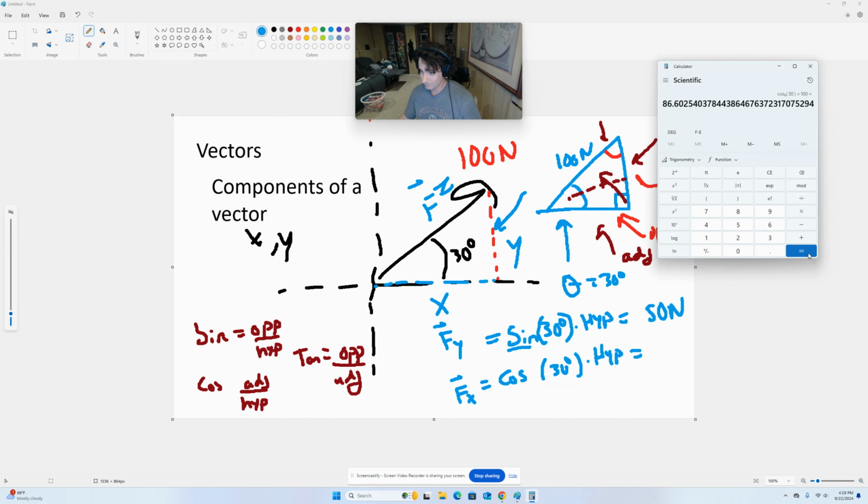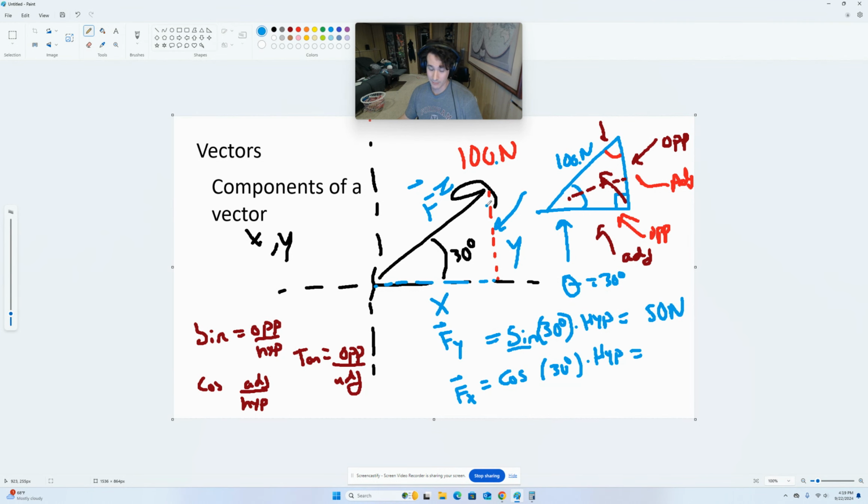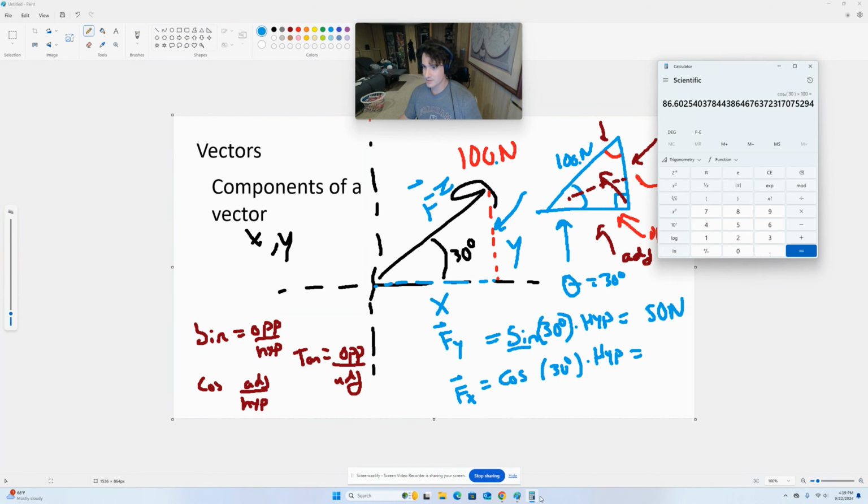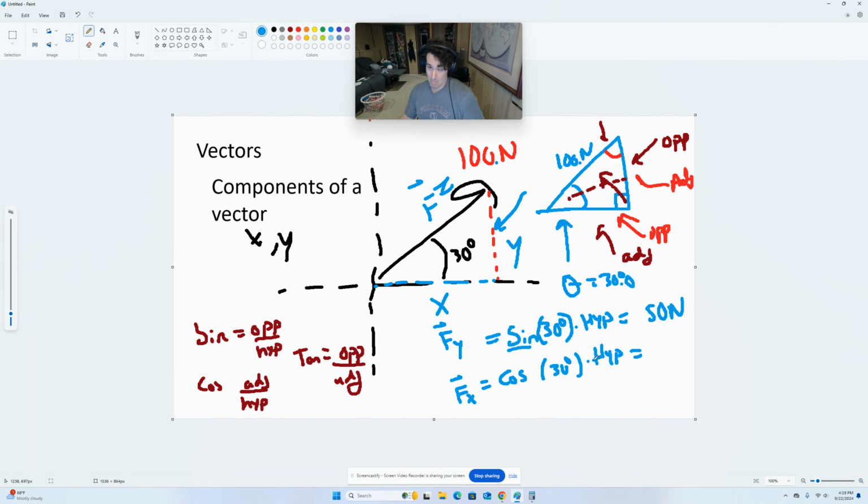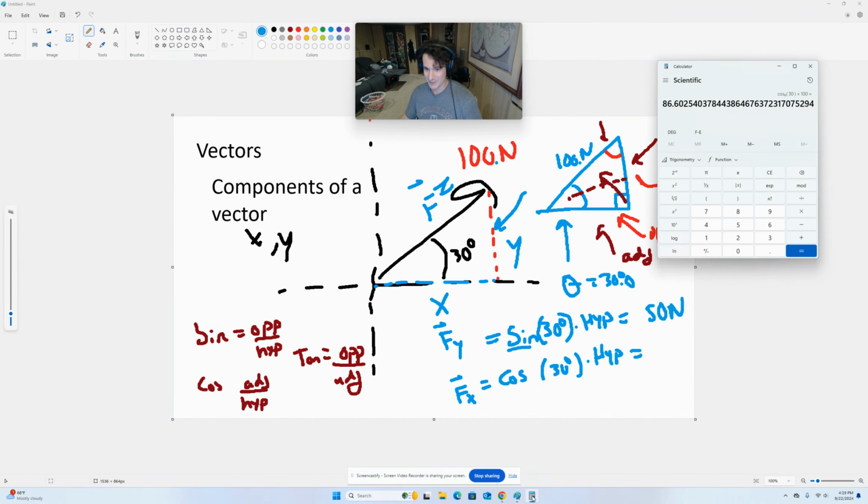Yeah, 86.6. Sig figs wise, I wasn't very consistent up here. I said 100. Technically, it's 1 sig fig. I'm going to put a dot here just so we're not worrying about sig figs being annoying. So 3 sig figs. And by the way, 30 degrees, let's make that 30.0, just so we're not having to worry about that. I should be consistent with what I teach. So 86.6.